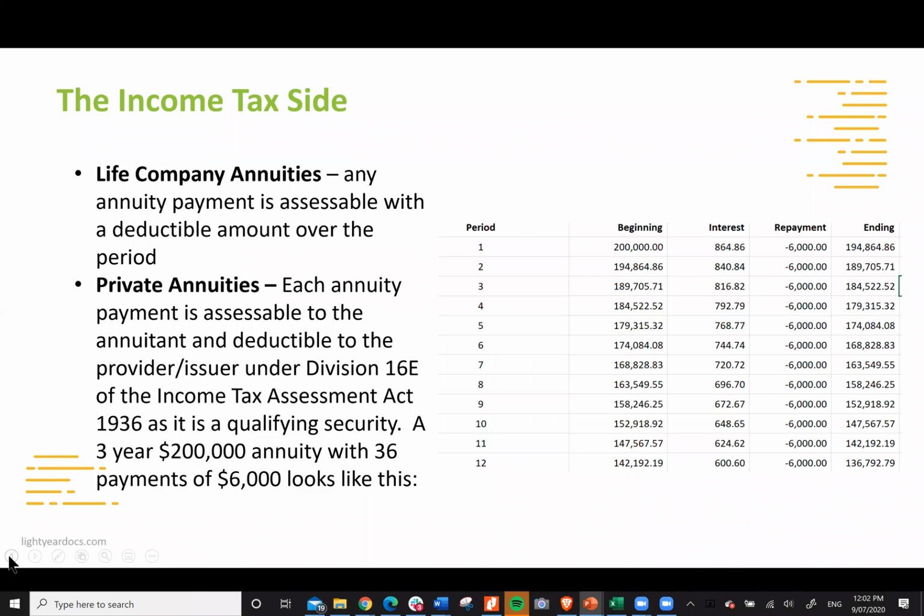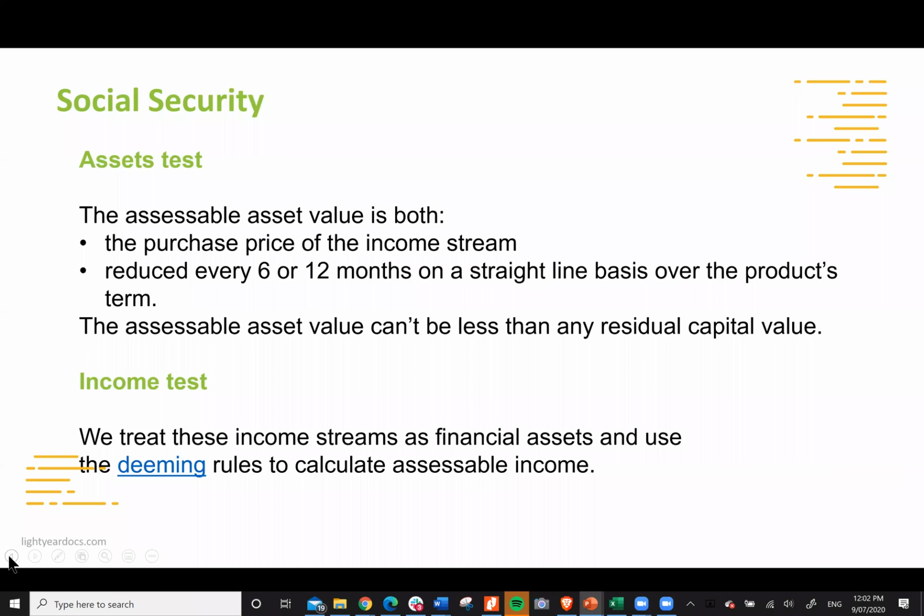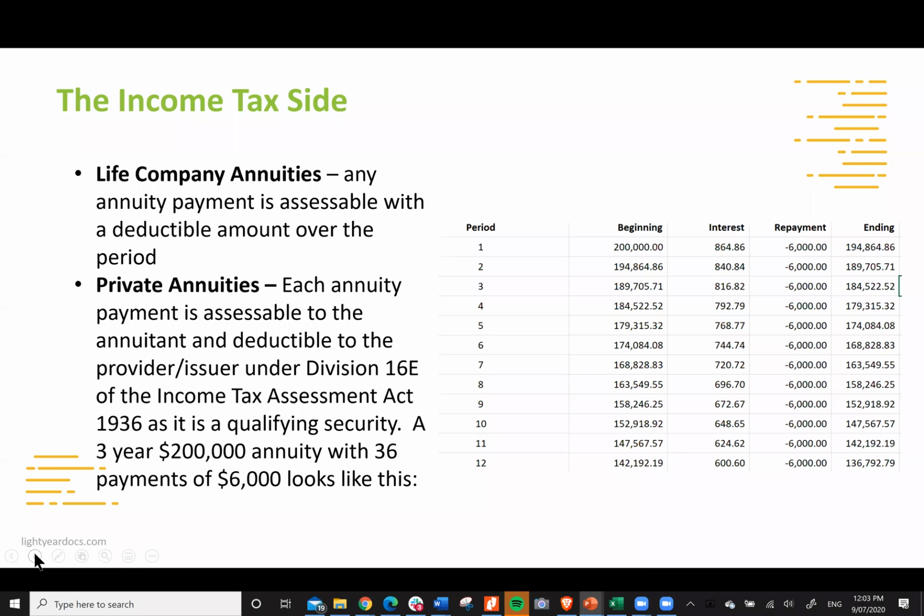Compare that to the rest of their money, about $500,000, which is going to be sitting in a bank account earning 1%, which is again subject to deeming rules, but you're on the reverse side of it. On the income tax side, there are 2 measures in play.